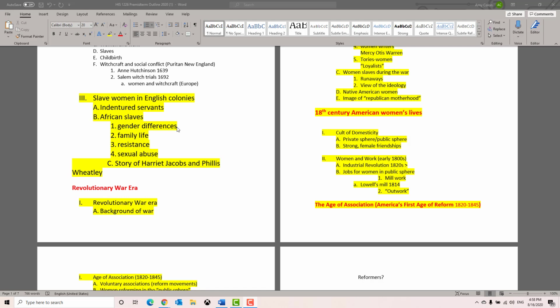Now, one of the things I also want to mention before I move into this topic is that there's a lot of mystery about the first African slaves that were brought into the English colonies. There aren't any records about what happened to those particular people when they came into the colonies.